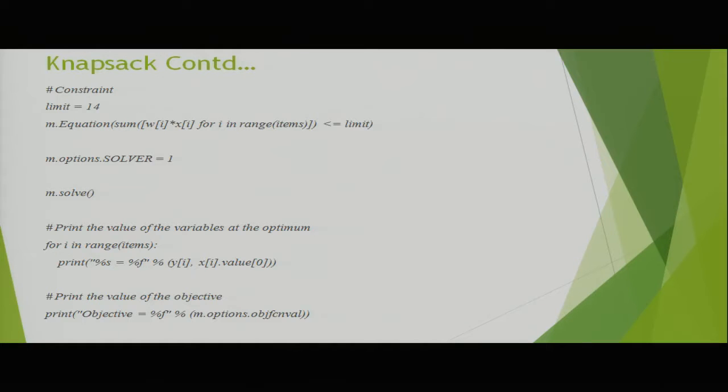It could be lesser than or equal to, correct? So then we optimize it with the APOPT solver, right? We initialize it to 1 first, and then we call the solve method. And now we can print the value of the variables.